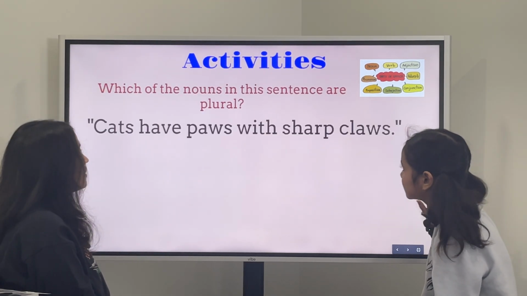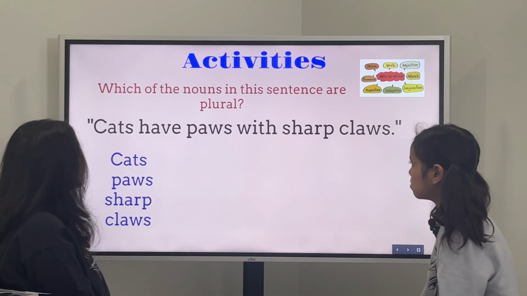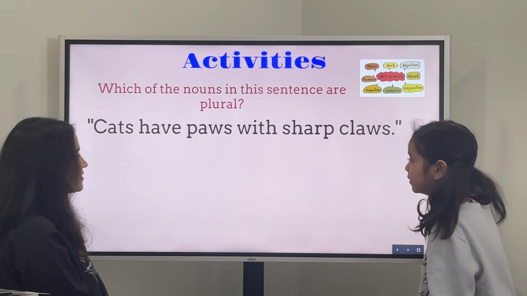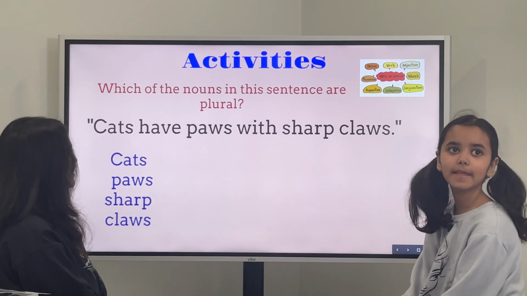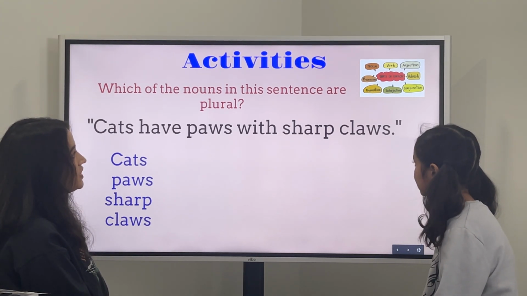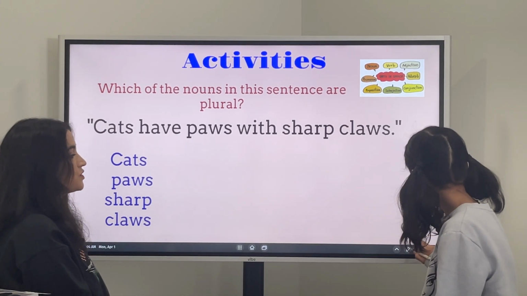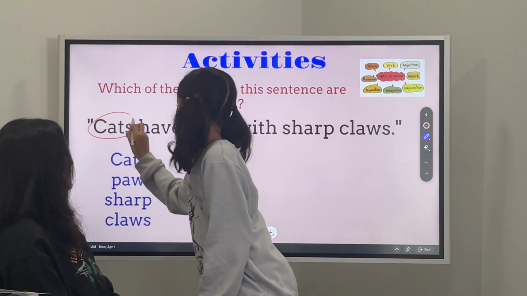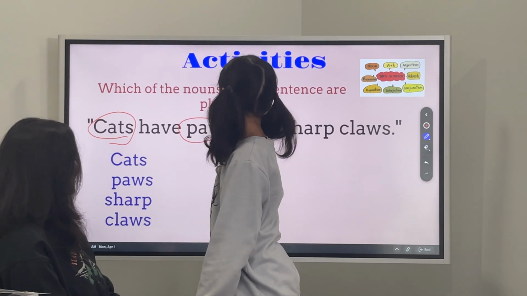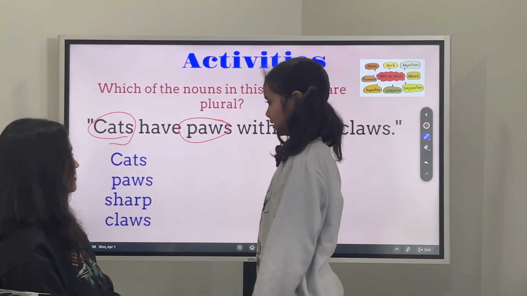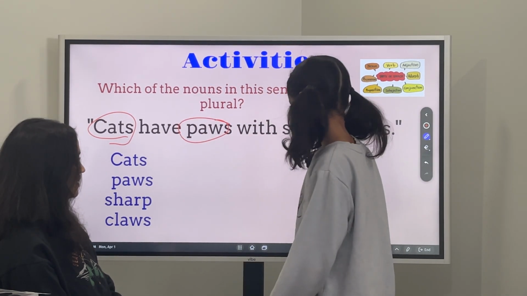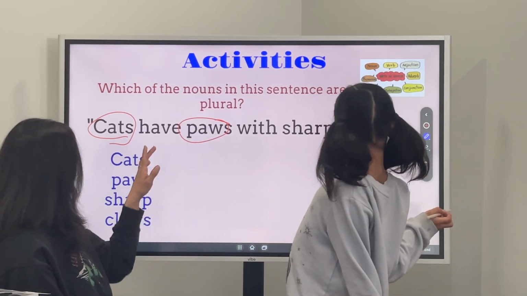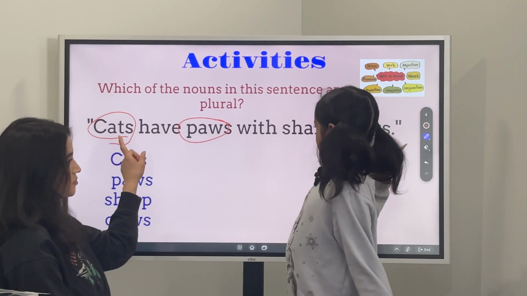Now, this is: cats have paws with sharp claws. Which of the nouns in this sentence are plural? So now you need to find the plural nouns here. How do you know cats is plural?